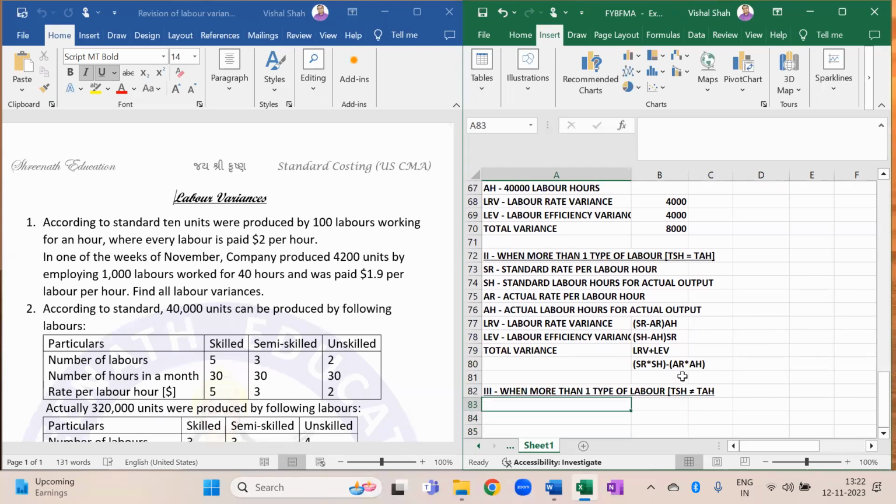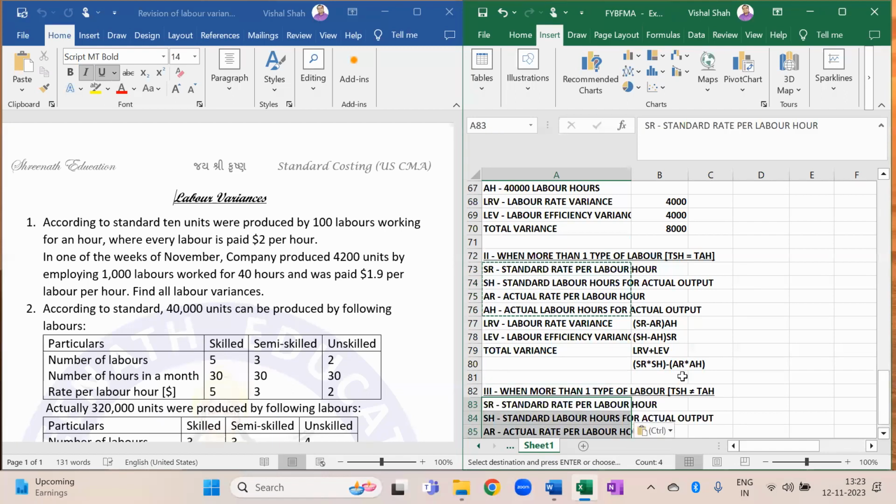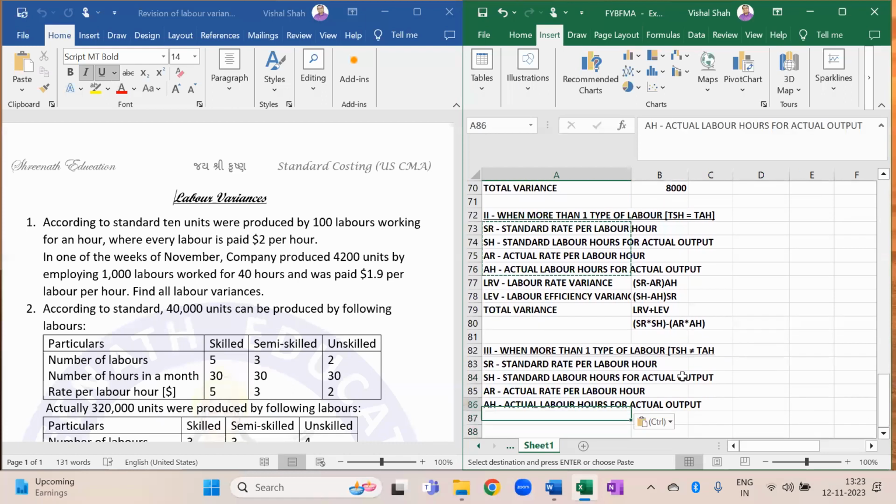Remember in this scenario, SR, SH, AR, AH, all these things are same and you require them. One more thing you require, like in material costing, you require RSU. Similarly, you require RSH, revised standard hours, labor hours.